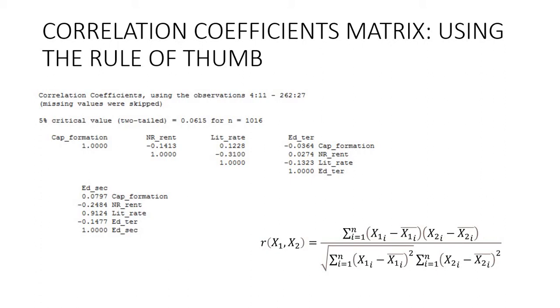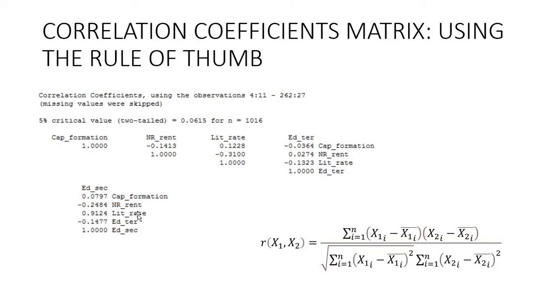So for instance, here I have variables for capital formation, natural resources rent, literacy rate, tertiary education rate, and secondary education rate. So obviously, secondary education rate is highly, or let's say strongly correlated with literacy rate.